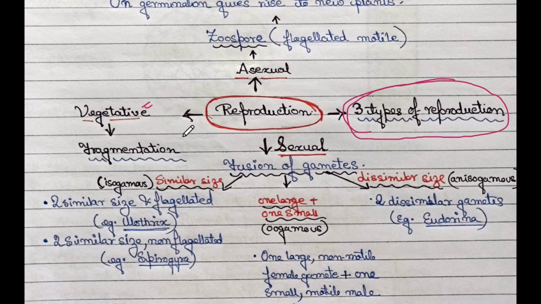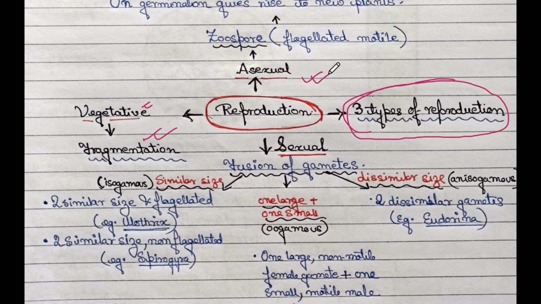First one is vegetative. How? Through fragmentation. This is very easy. From one, it will be fragmented into two, and each of them will give rise to a full-grown algae. So this is vegetative. Done.